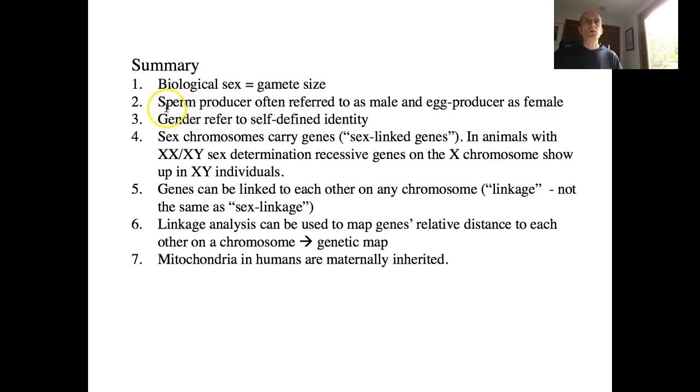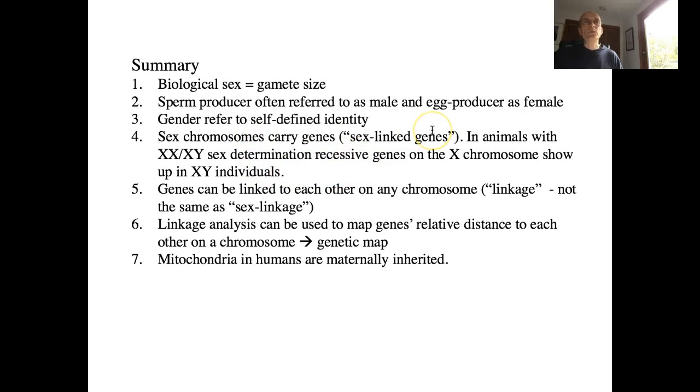We said that sperm producers are often referred to as male and egg producers as female. And we discussed that gender refers to a self-defined identity and that gender and sex are not the same thing. And then we talked about sex chromosomes and sex linkage.